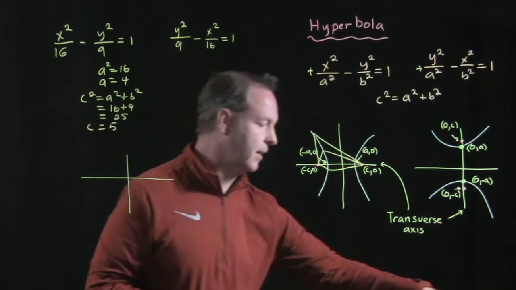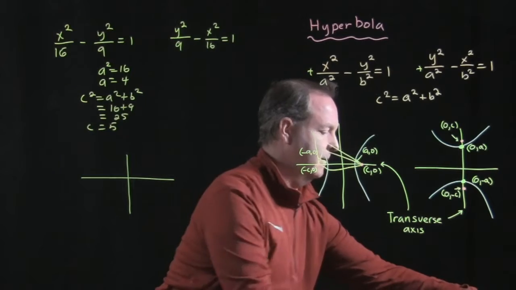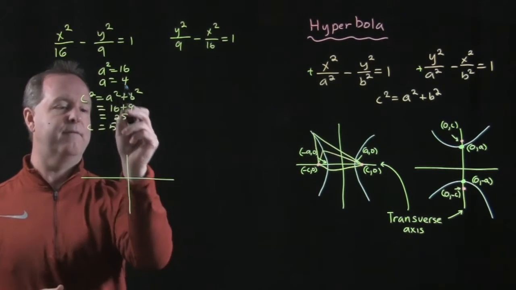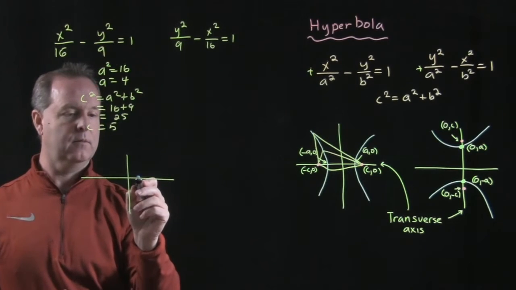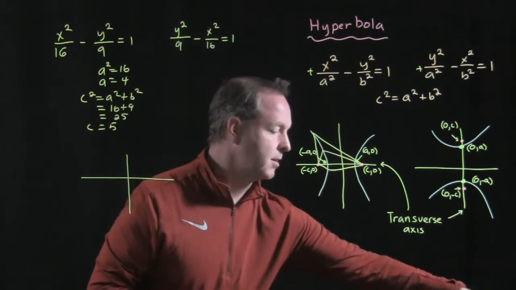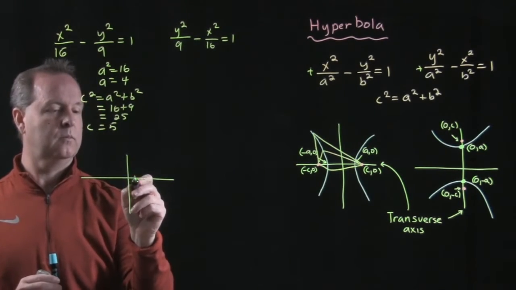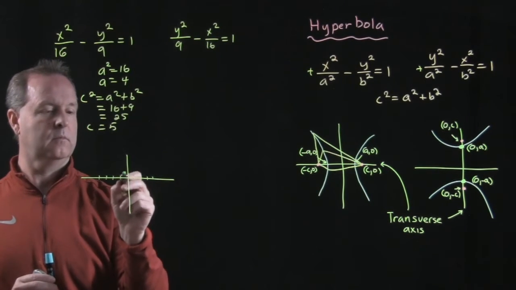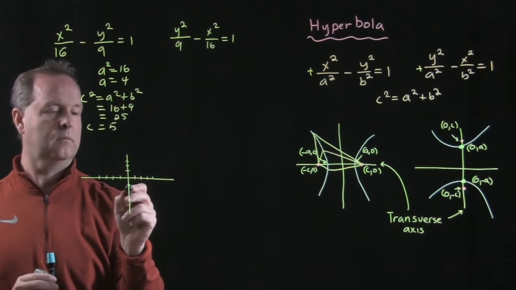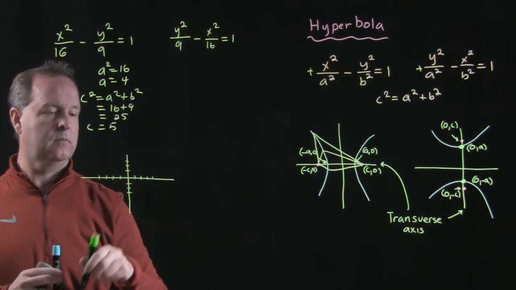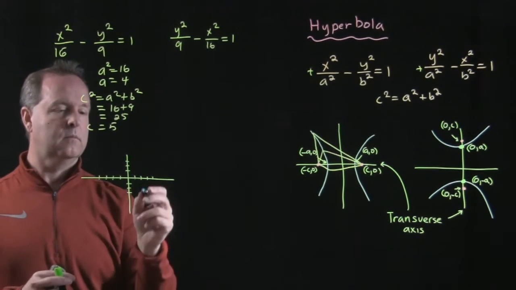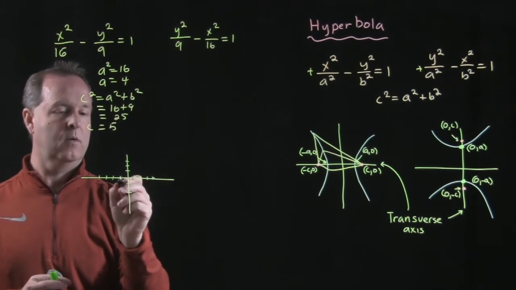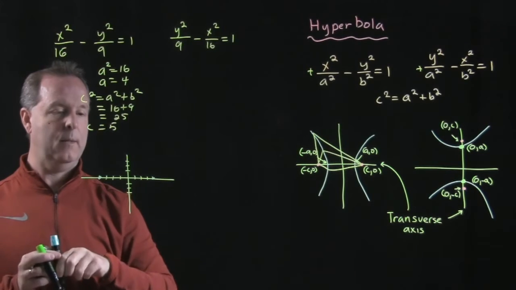I'm going to try to draw a little small in here. I have vertices at 4 and 0, so I probably should put my tick marks on it for you. One, 2, 3, 4.